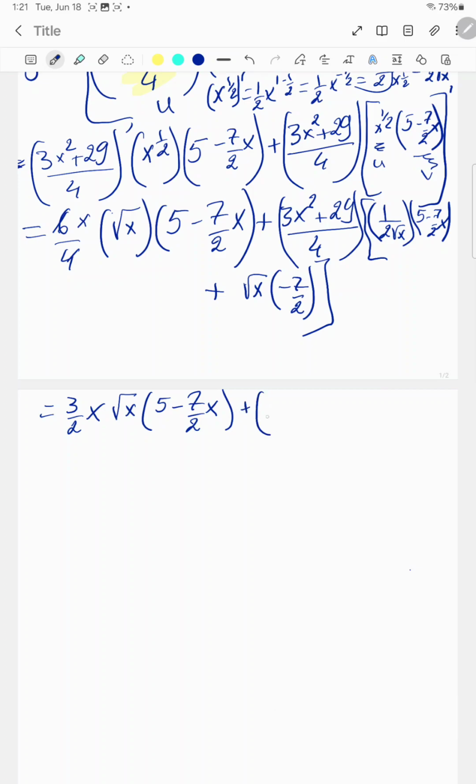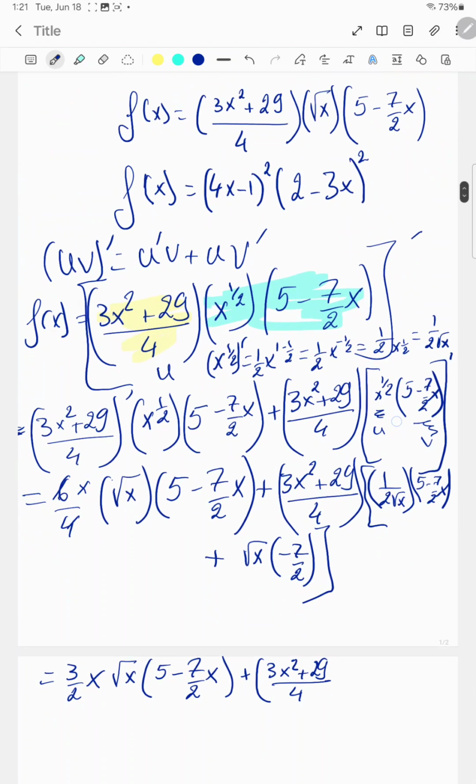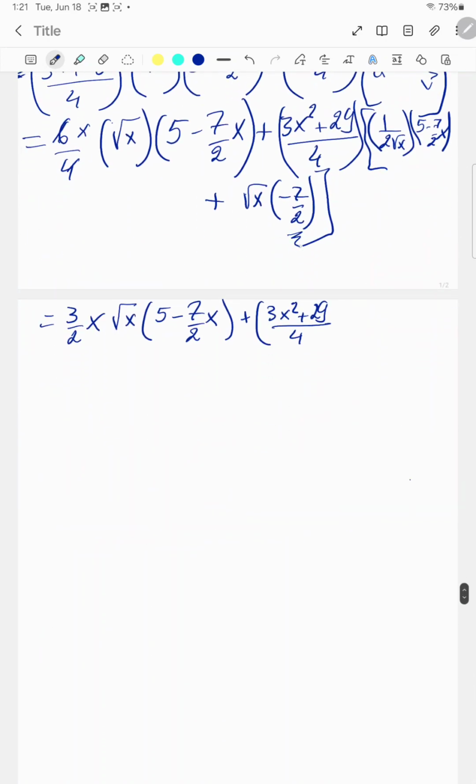Plus (3x squared plus 29) divided by 4. And here I can multiply minus 7 over 2 by 1/2 square root of x. Oh no, there is a plus here. No, I'm going to keep it like this. Because of that plus, I cannot multiply them. So multiplied by 1 over 2 square root of x times (5 minus 7 over 2x). There is a minus here.